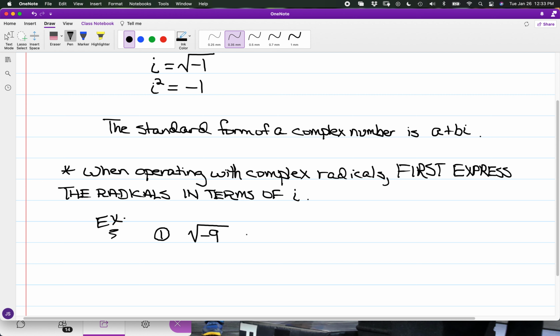Let's say we have the square root of -9 plus the square root of -4. The square root of -9 is 3i, and the square root of -4 is 2i. And so we have that 3i plus 2i is equal to 5i.